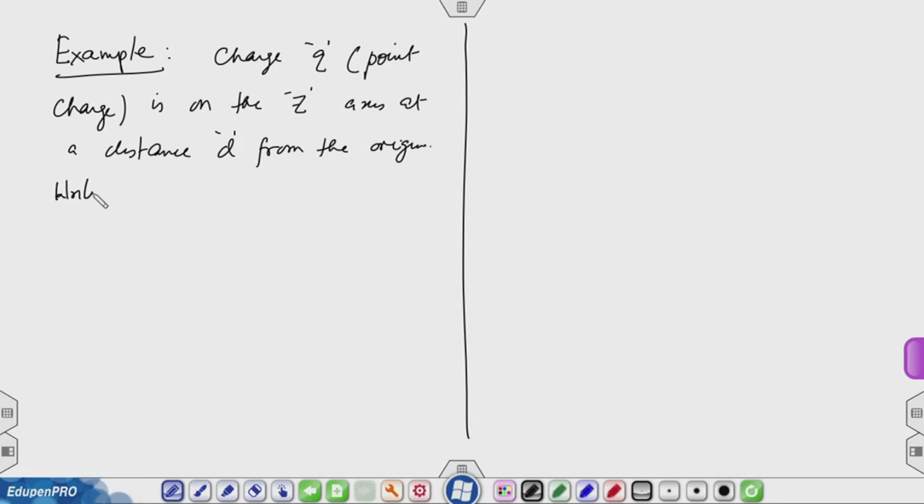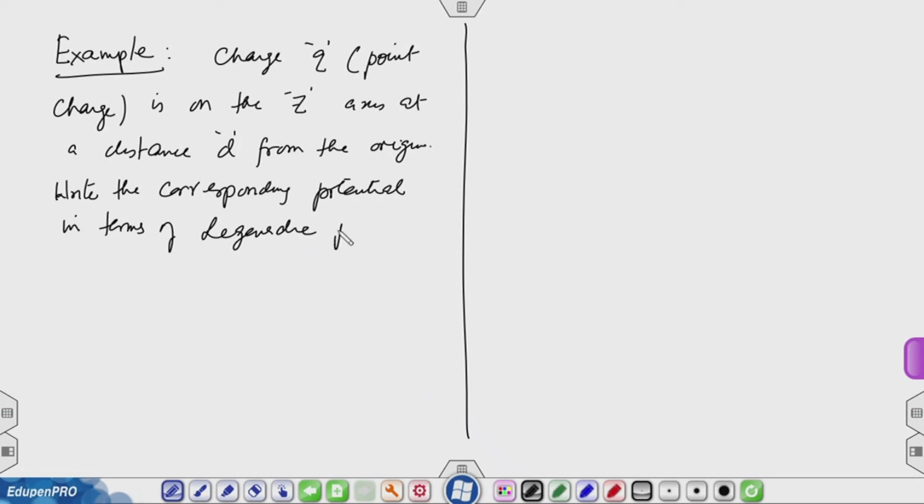Write the corresponding potential in terms of Legendre polynomials.